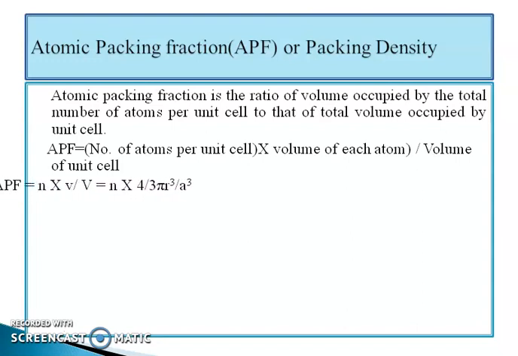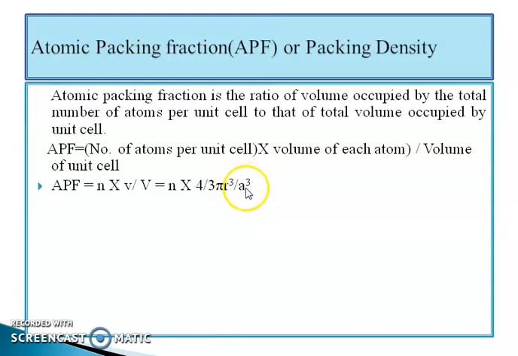As we know, atom has a spherical shape, and therefore the volume of each atom will be 4/3 pi r cube, and therefore atomic packing fraction is equal to N, that is number of atoms per unit cell, multiplied by V, that is volume of each atom, and divided by capital V, that is volume of the unit cell, or that is equal to N into 4 by 3 pi r cube, that is the volume of sphere, and upon A cube, where A is the edge length and unit cell has a cubic structure or cubic shape.